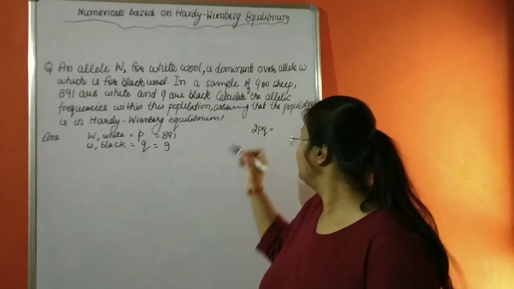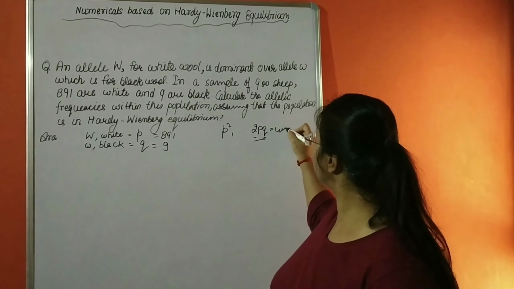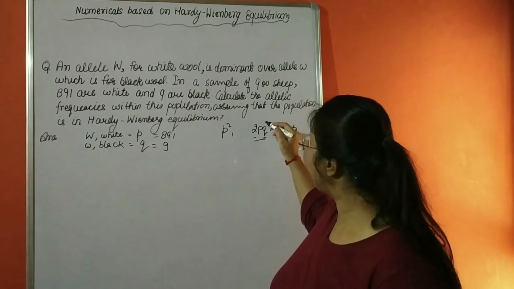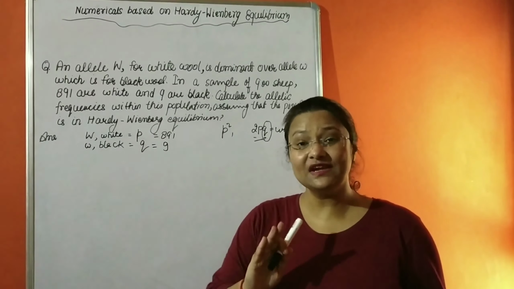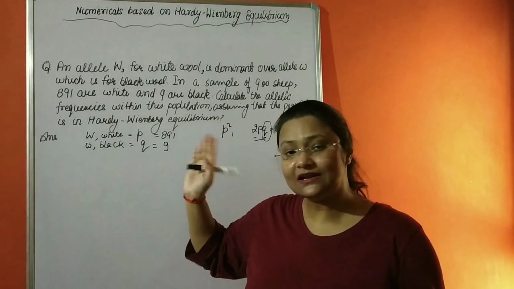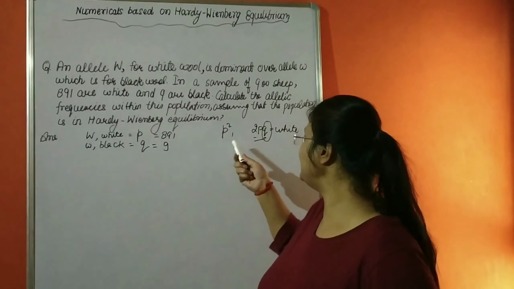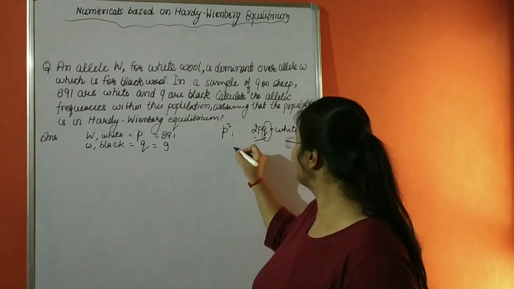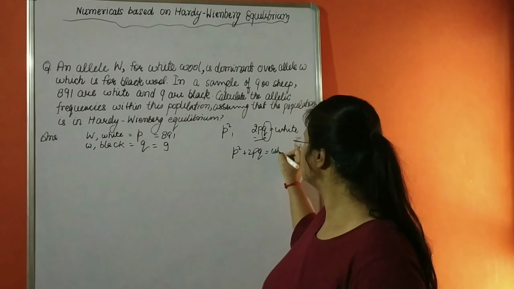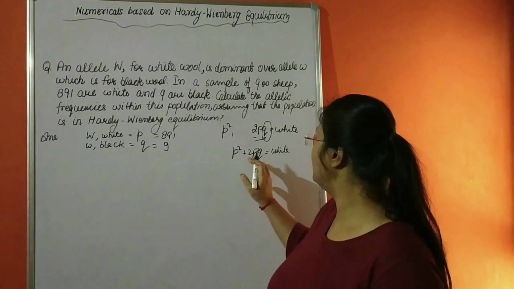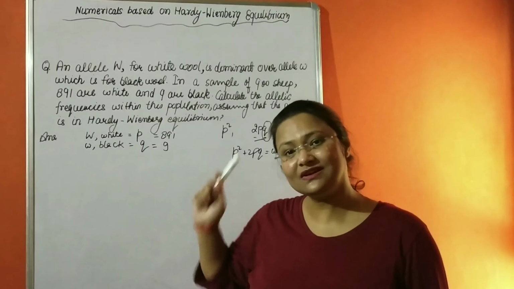We are 100% sure p square are white, but 2pq will also be white, but they will have the q allele also. So 891 is actually p square plus 2pq. With the data of these white individuals, we cannot find out p, because it includes q also. That's why we will not consider it.